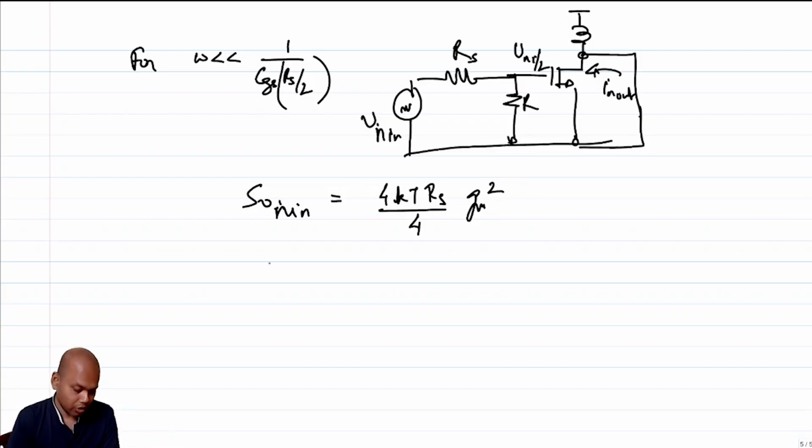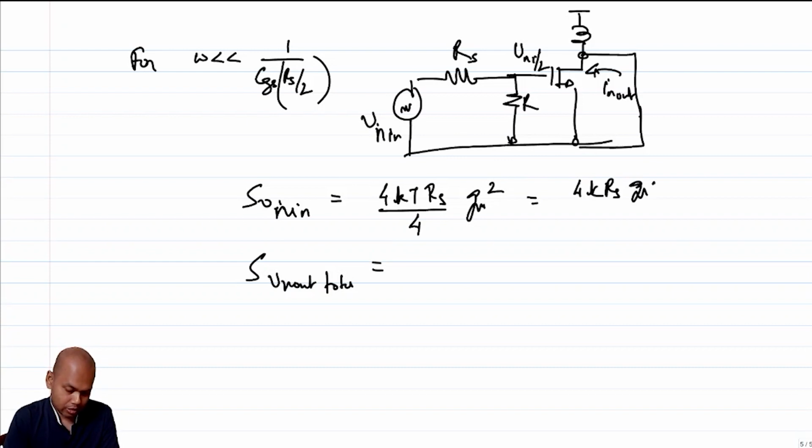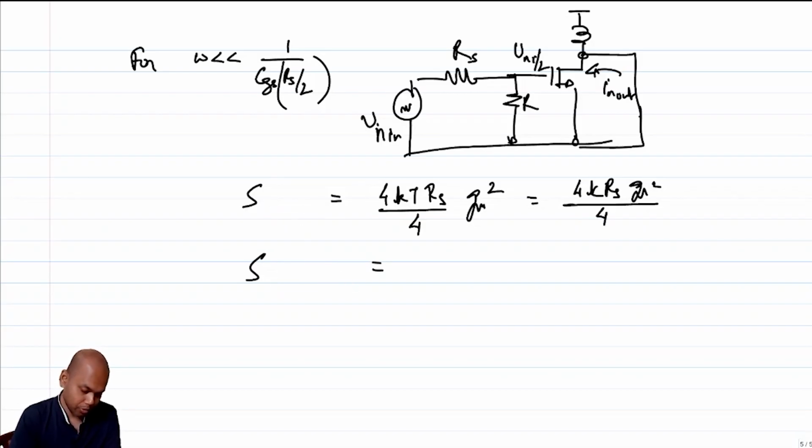And what is the total noise at the output? This noise will obviously be there. So let me simplify it. This is kT RS Gm squared by 4. I should not say SV because we are taking output current, so S I N due to input, S I N total.